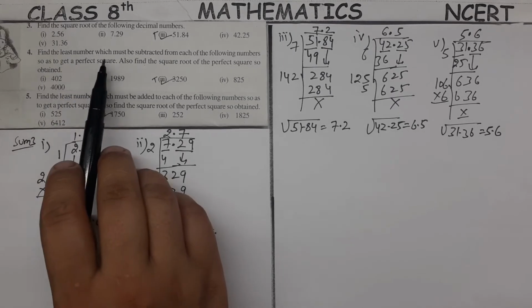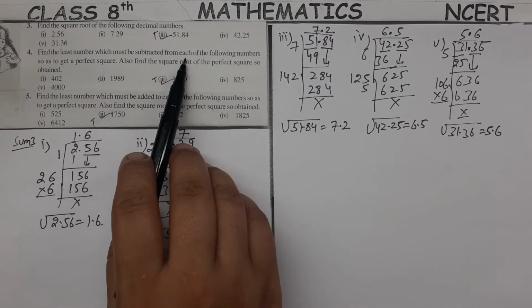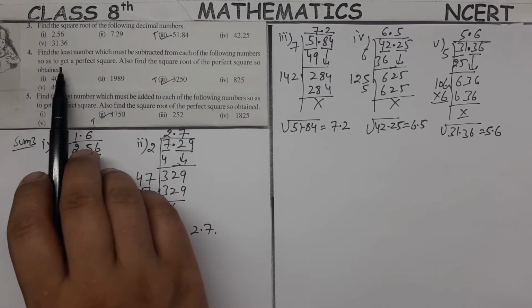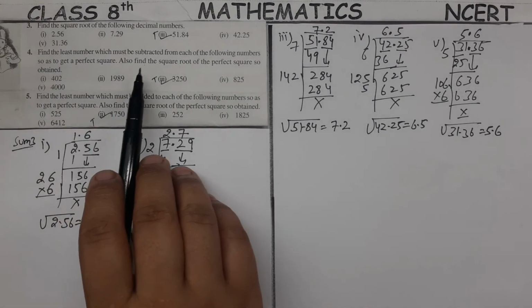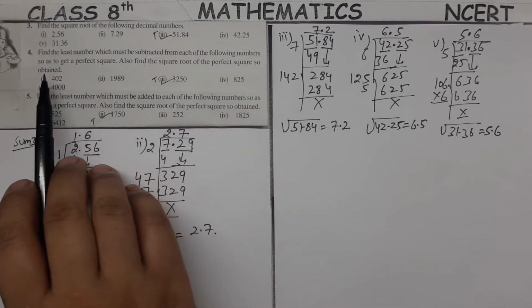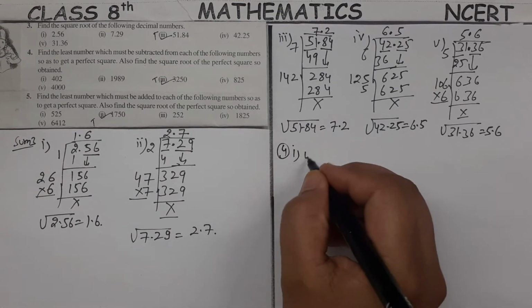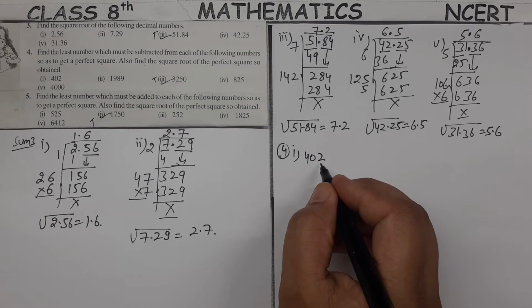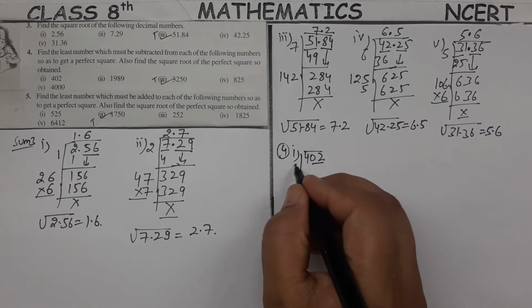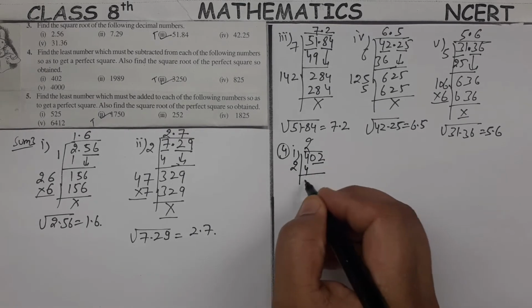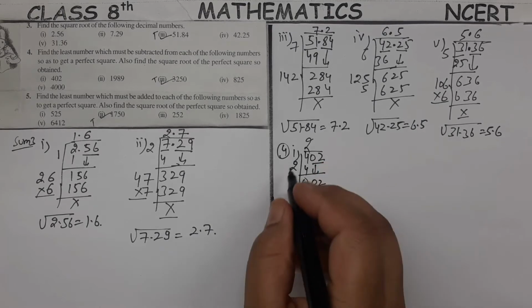Now the next, sum number 4. Find the least number which must be subtracted from each of the following numbers so as to get a perfect square. Also find the square root of the perfect square so obtained. 402. Make pairs. 2 twos are 4. Pair 02. Double of 2 is 4.